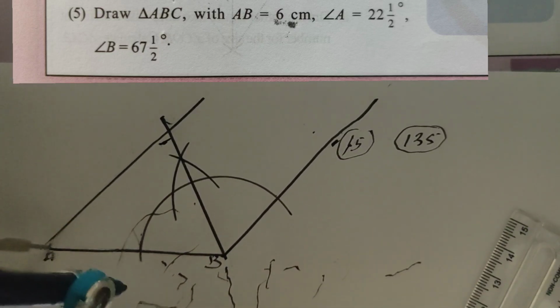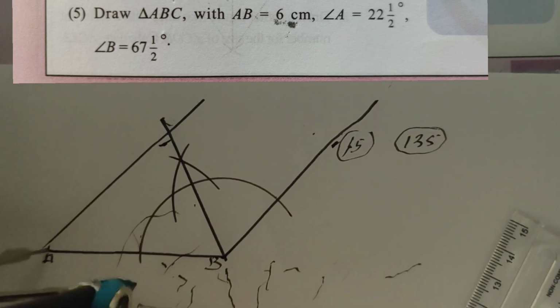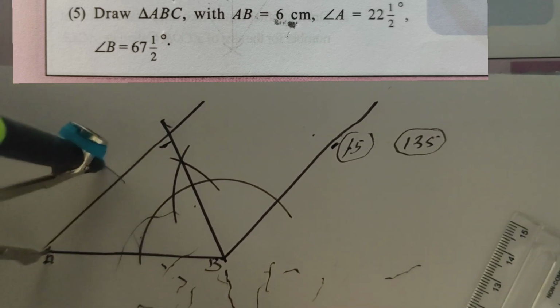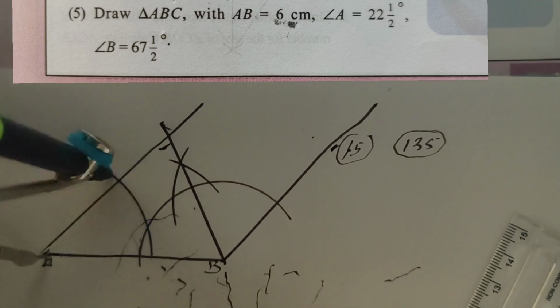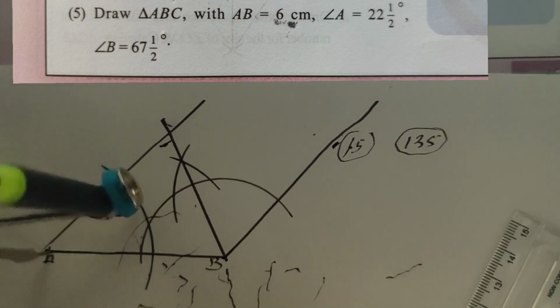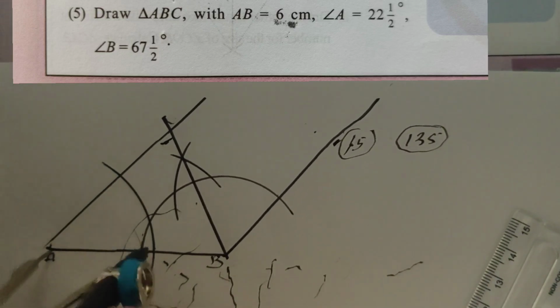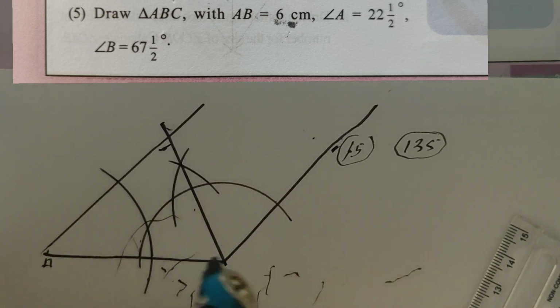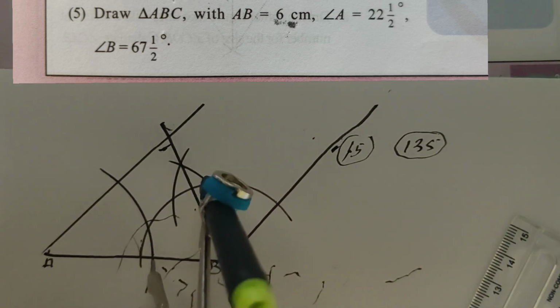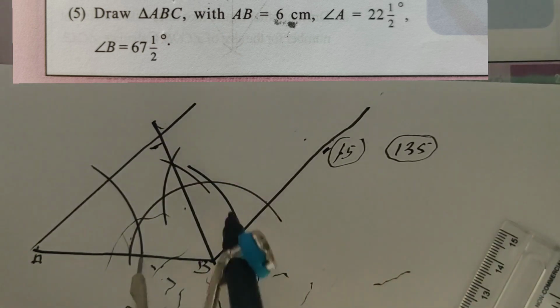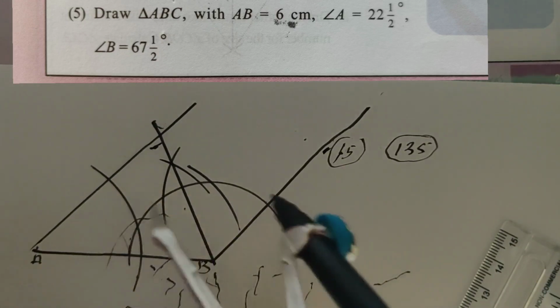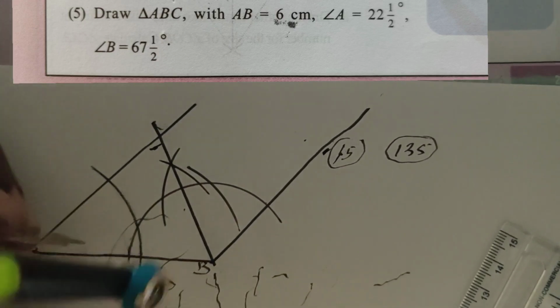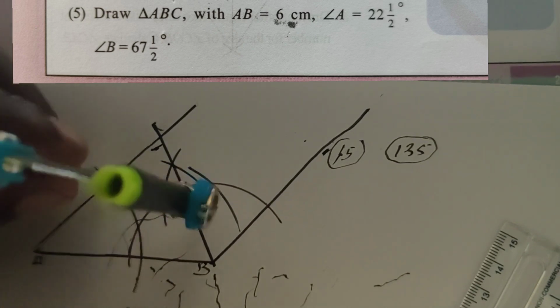Now we want to bisect the angle of 45 degrees. The process is the same. We cut each leg by an arc, and from those intersecting points we construct another two arcs.